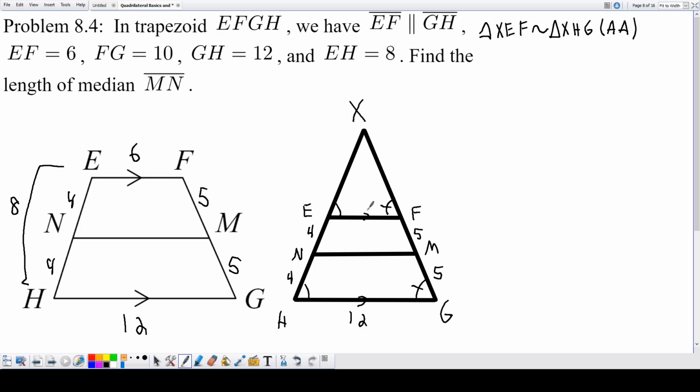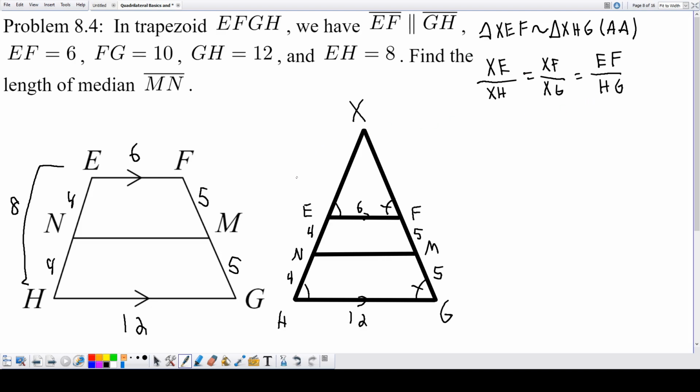Well, that's pretty important, especially because now we can form some ratios. So, for example, we have that XE over XH is equal to XF over XG, which is equal to EF over HG.